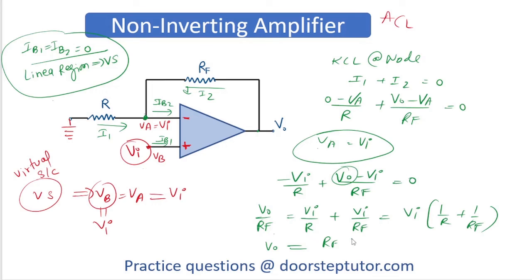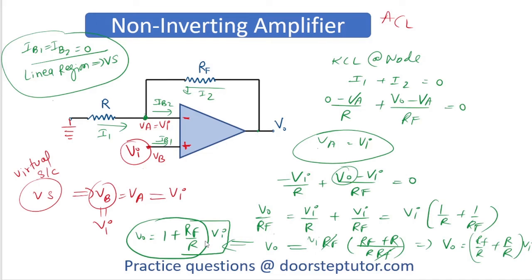The RF gets cancelled out, and this becomes RF upon R plus R upon R. So V0 is equal to 1 plus RF upon R, multiplied by Vi. This 1 plus RF upon R is nothing but the voltage gain. So for the non-inverting amplifier, the closed loop gain is 1 plus RF upon R.